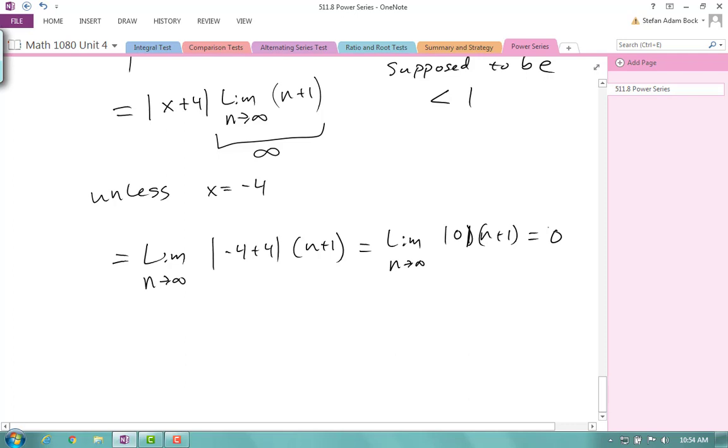Now, some of you might be a little upset because 0 times infinity is an indeterminate form. And when we have 0 times infinity indeterminate forms, we're supposed to do a bunch of work to try to maybe flip fractions or something, or try to do L'Hopital's rule. But what the difference is, 0 times infinity is an indeterminate form because you don't actually have 0 and you don't actually have infinity. You have two things, one of which is going towards 0 and the other which is going off towards infinity.